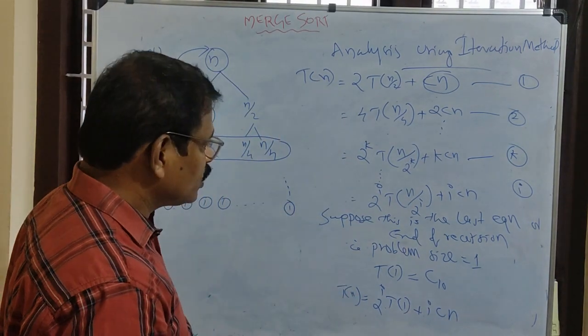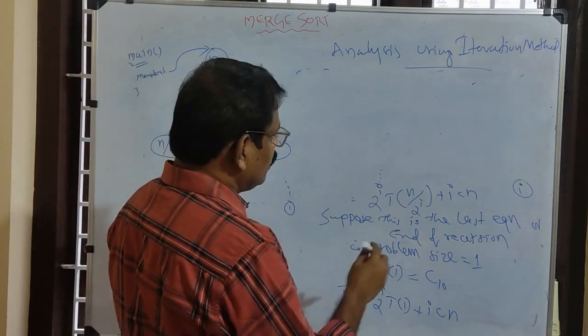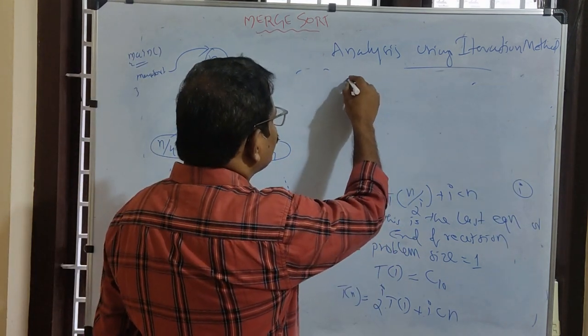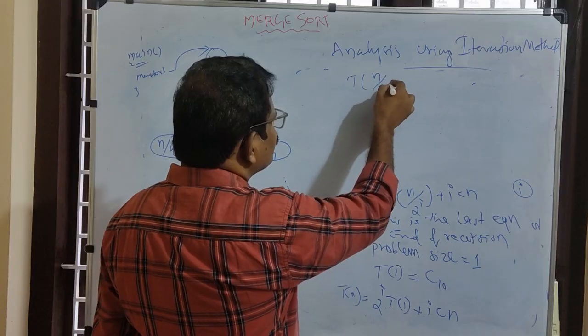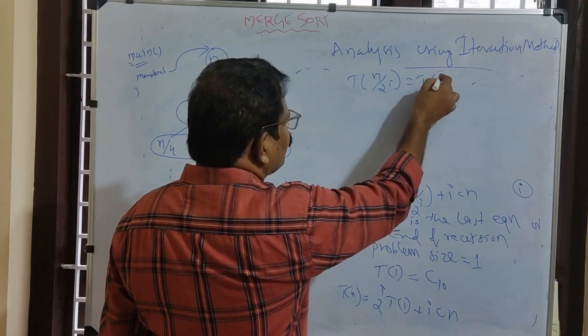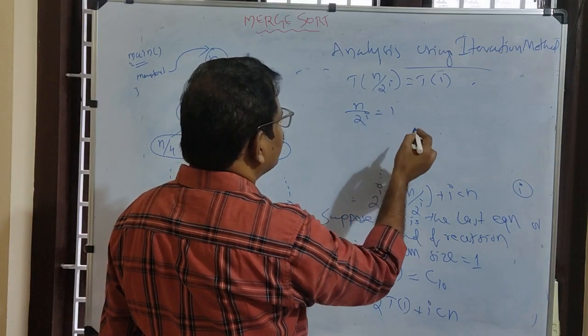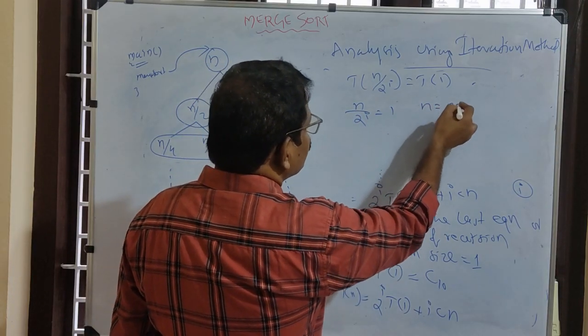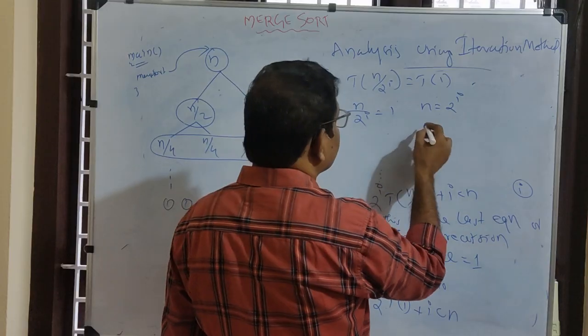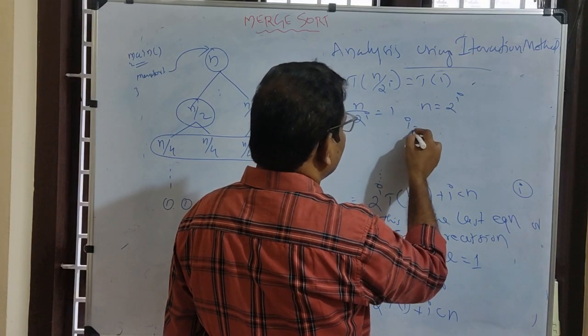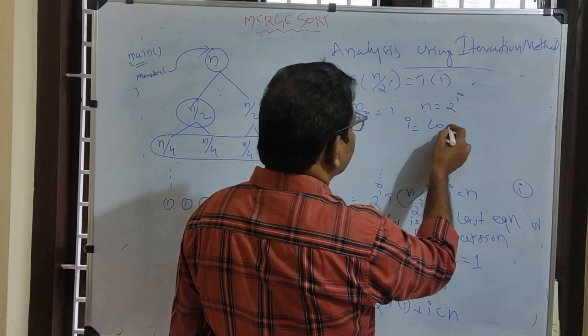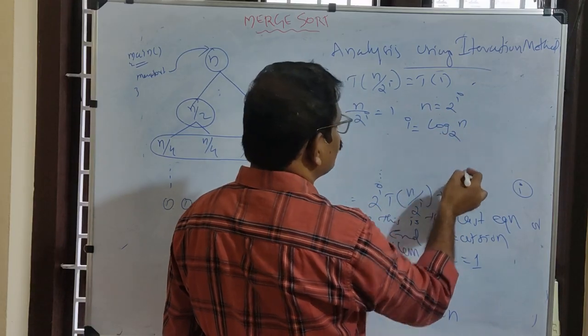If n/2^i is equal to 1, n equal to 2 raised to i, and our i equal to log n to the base 2.